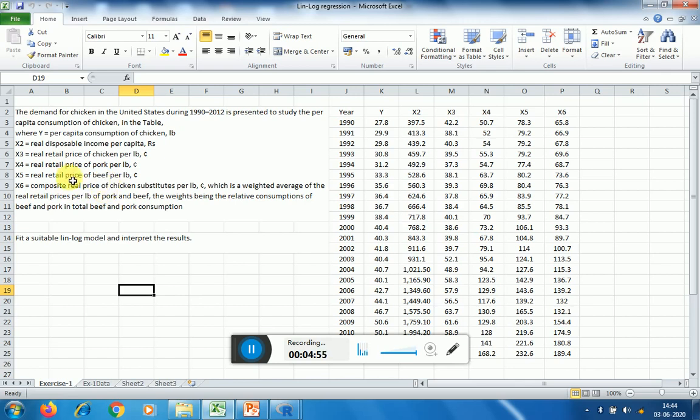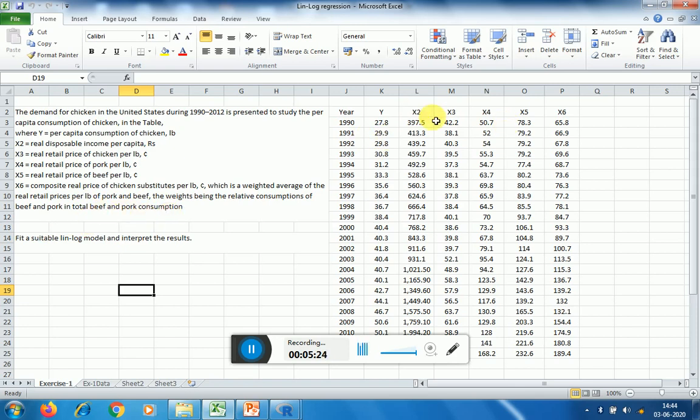Now they have computed one more variable, that is x6. This x6 is the composite real price of chicken substitutes per LB or C, which is a weighted average of the retail price per LB of pork and beef, the weights being the relative consumption of beef and pork in total beef and pork consumption.